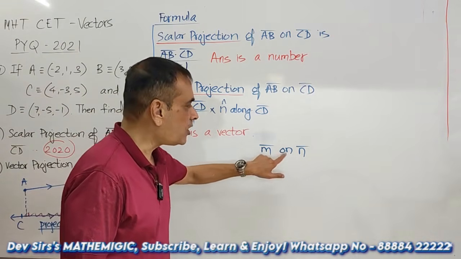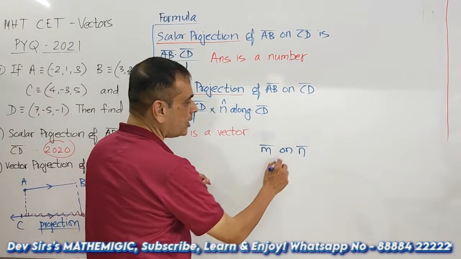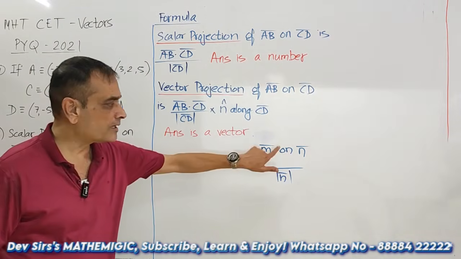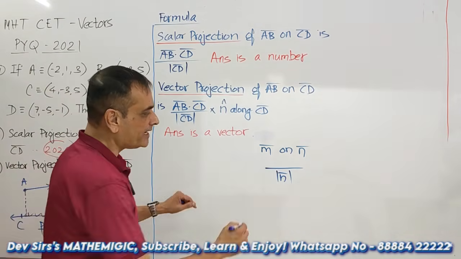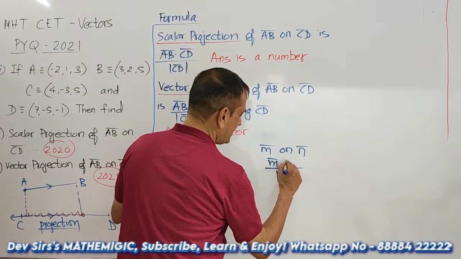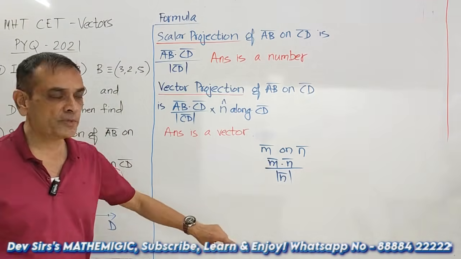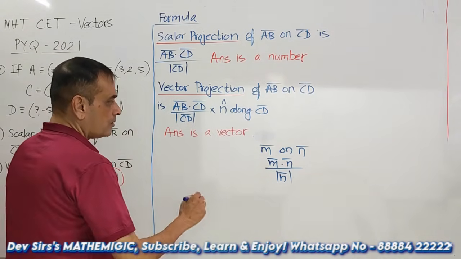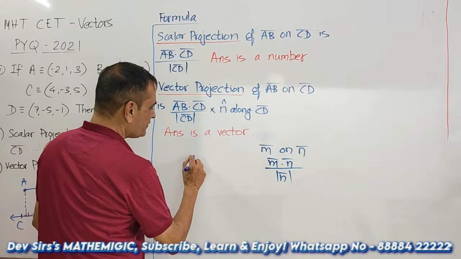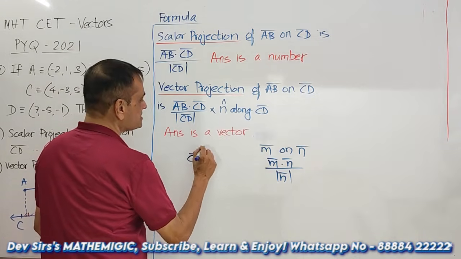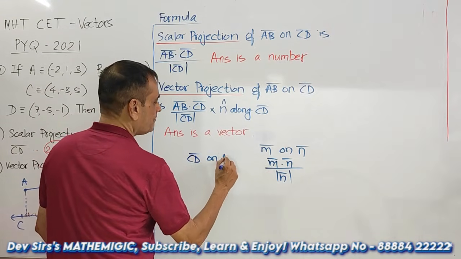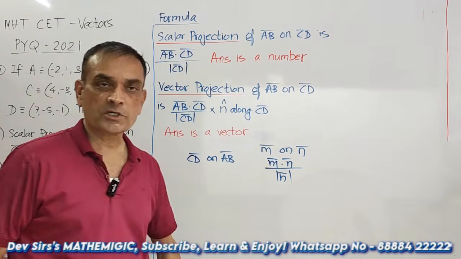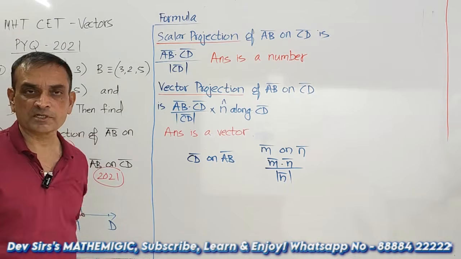Projection of M bar on N bar is given as, on means upon. On का meaning upon N bar. ऊपर क्या? M dot N. But in the denominator, it is magnitude of N bar. If you were asked projection of CD on AB, just the opposite of this.